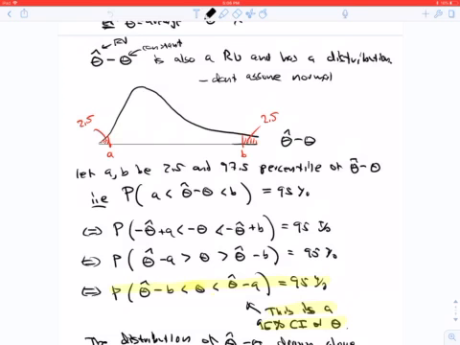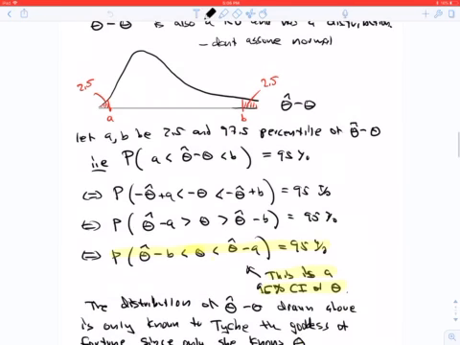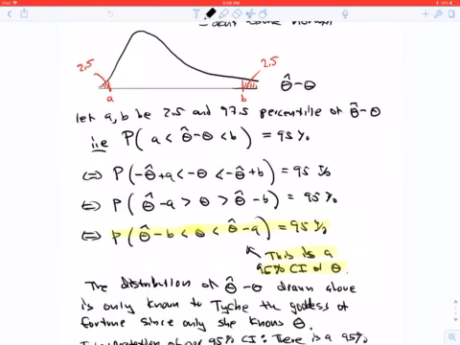And suppose we know its distribution. I'm not going to assume it's normal. Then what we're looking for is the 2.5th and 97.5th quantile, which we'll call A and B respectively. So what that means is that the probability that theta hat minus theta is between A and B is 95%.